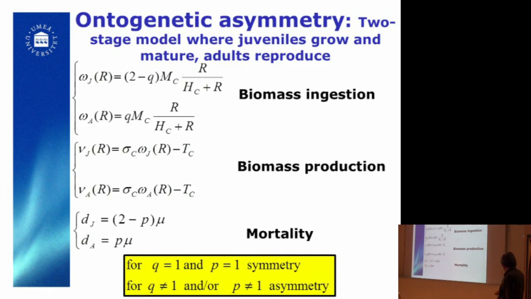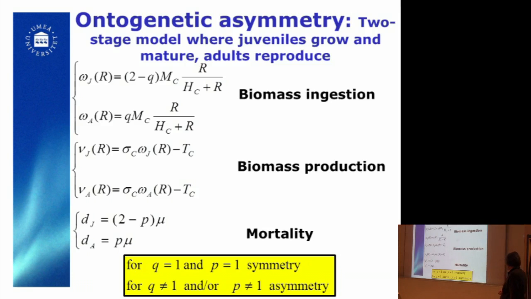And what we can see here is that in this system we can show exactly what we mean with symmetry. With symmetry, I mean here that Q equals 1, because if we go up here, then we ingest per unit of biomass, and ingestion and production of juveniles are the same. It's also given that P equals 1, because then the mortality rates of juveniles are the same.